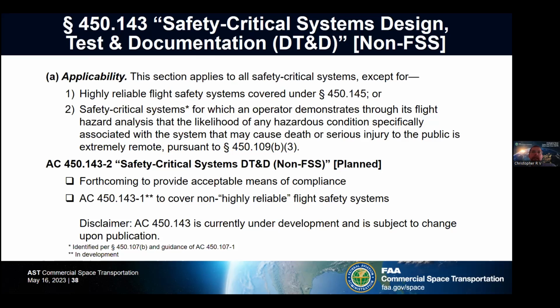An AC for 143 is forthcoming to provide an acceptable means of compliance. AC 450.143-1 will cover non-highly reliable flight safety systems. AC 450.143-2 will cover all other safety critical systems. And this AC is currently under development and is subject to change upon publication.